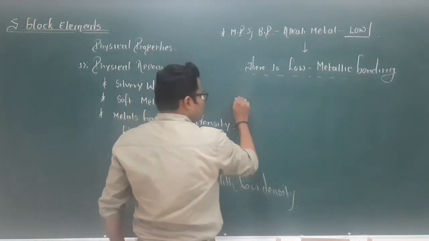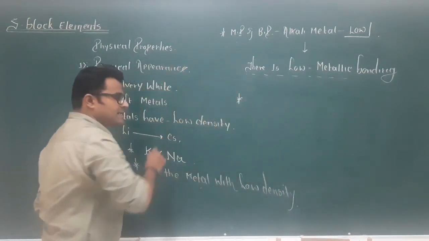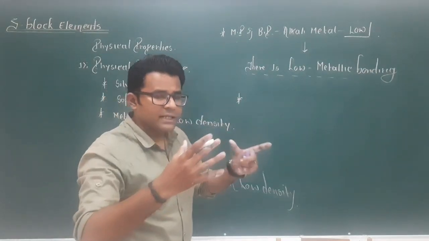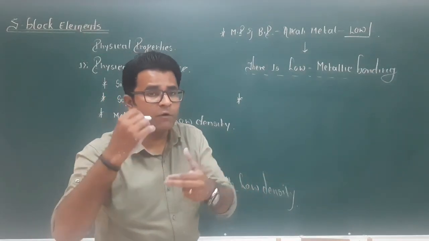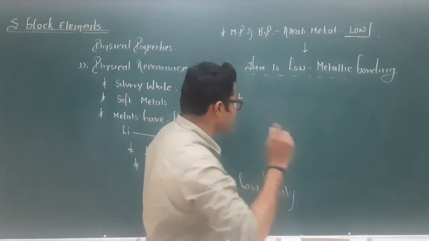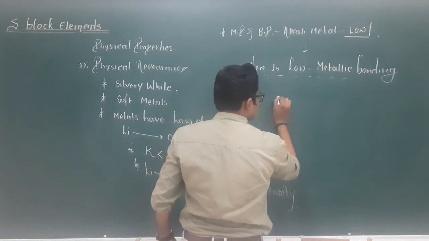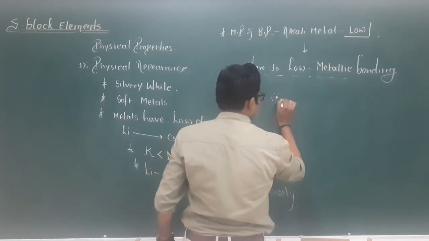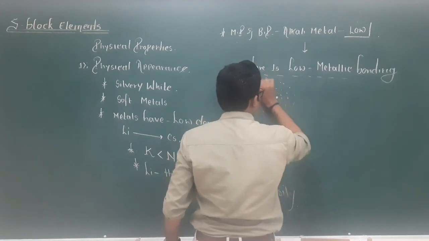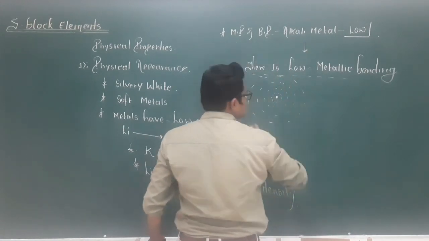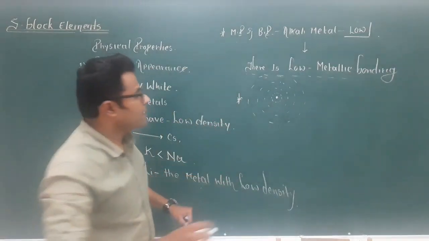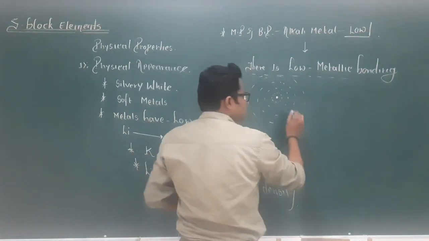Now, when we subject these elements to flame, they exhibit different colors. Why? Because an atom has numerous orbits.